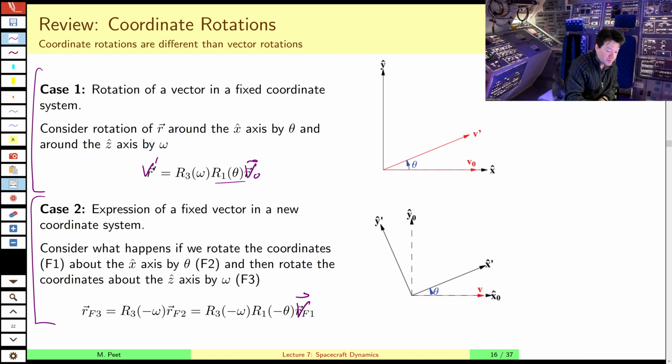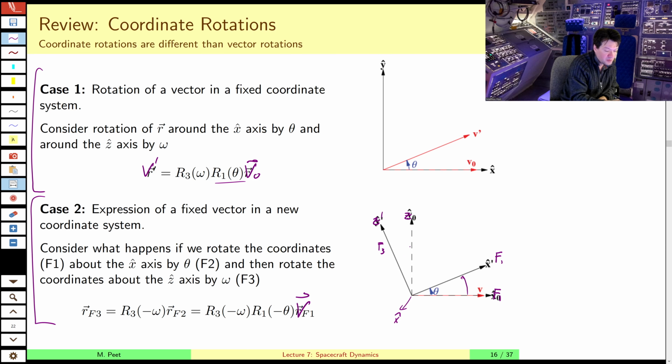Our initial frame, F1, we first rotate about the x-axis, and then rotation about the z, our new z prime axis. That would correspond to a rotation of the frame to frame 2, and then a rotation of that new frame to a third frame, F3.